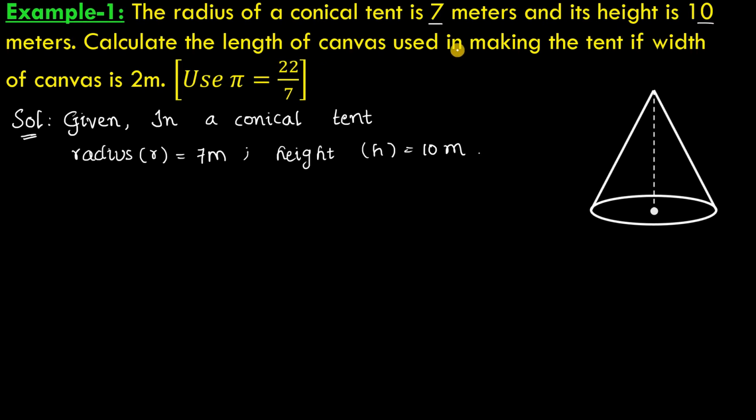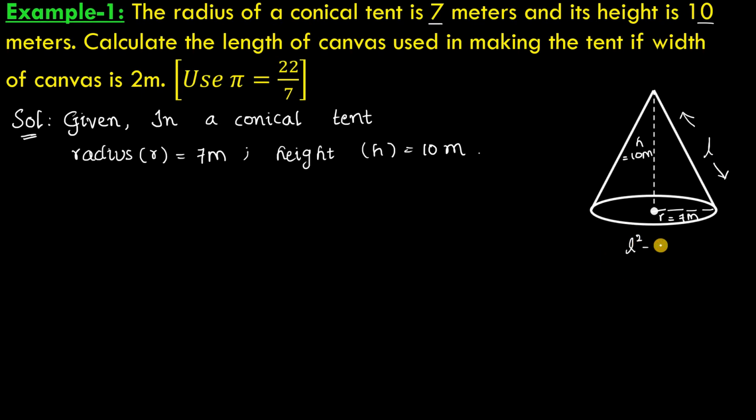Calculate the length of the canvas used in making the tent. Here our tent is in the shape of a cone. This is R, here also we can write them, H 10 meters and the L. This is the slant height L of the cone.